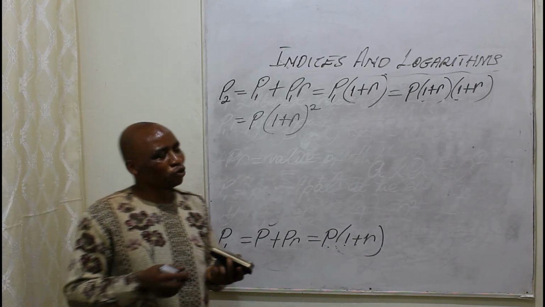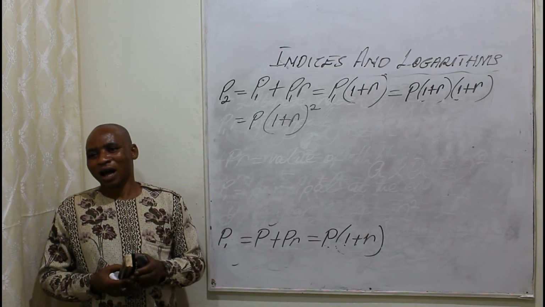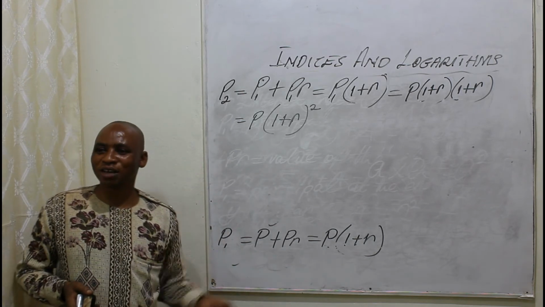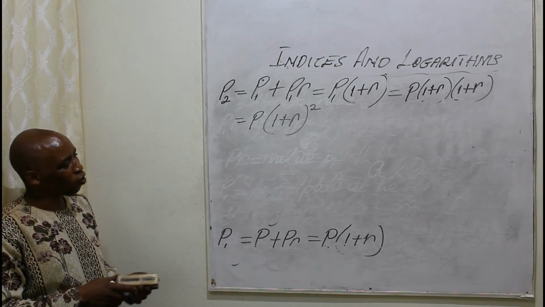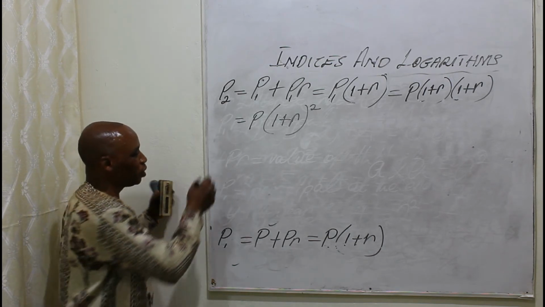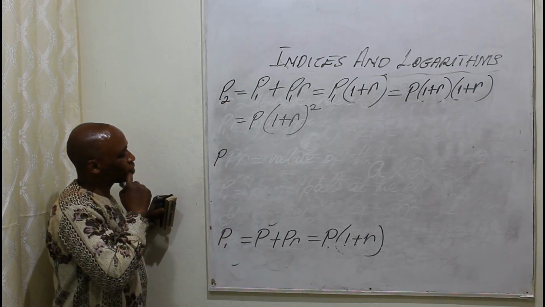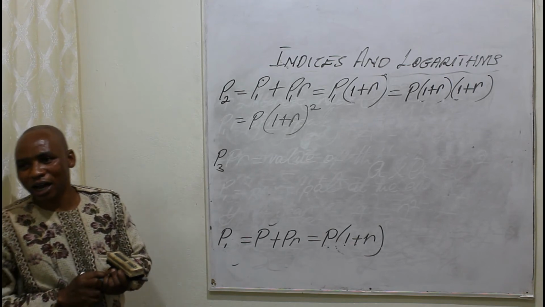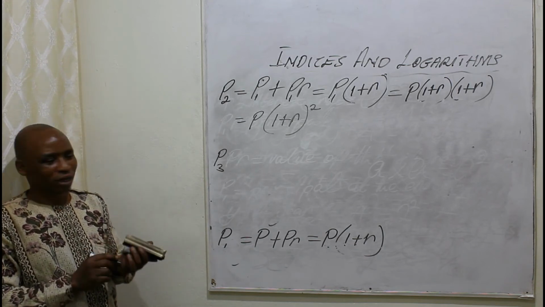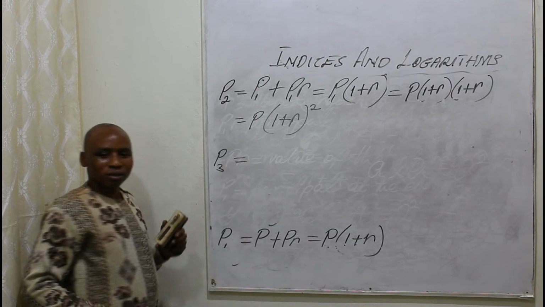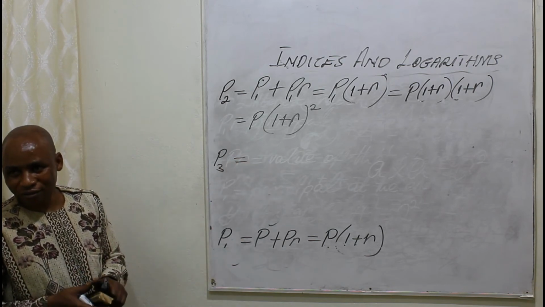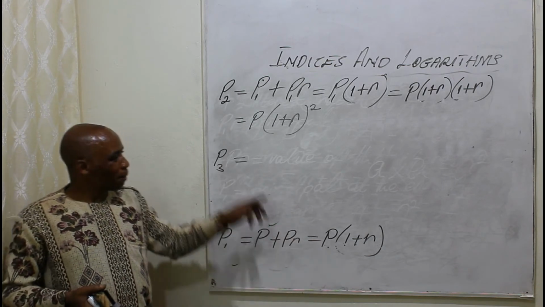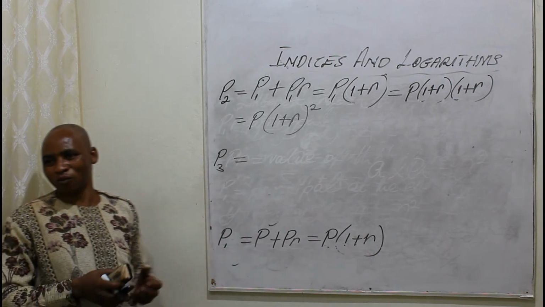Then let's say you want to make another investment in the 3rd year. So by this time, once it is in the 3rd year, we'll be expected to earn P3. That's a principal at the end of the 3rd year. And this will be the principal at the beginning of the 3rd year plus the interest at the end of the 3rd year.